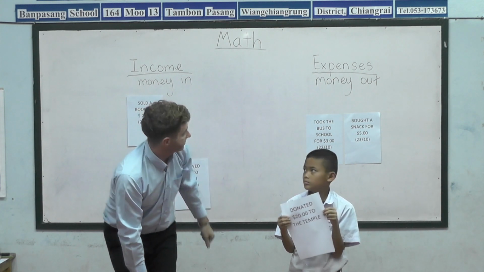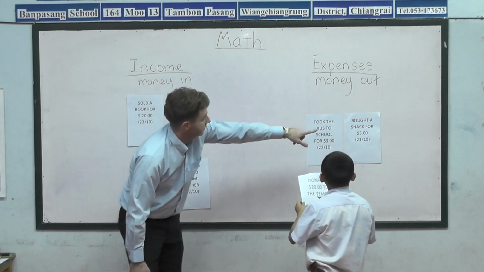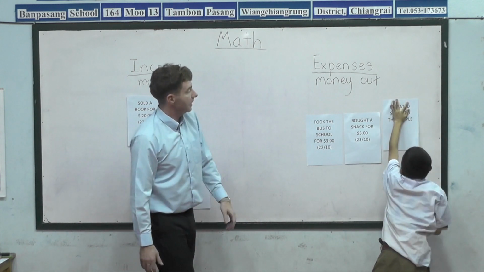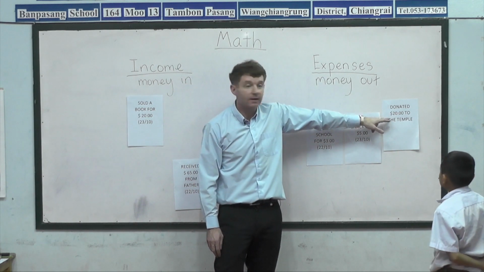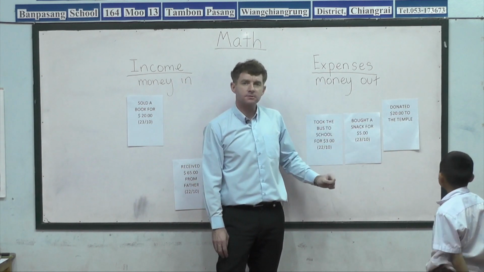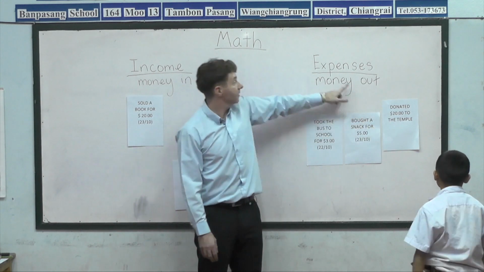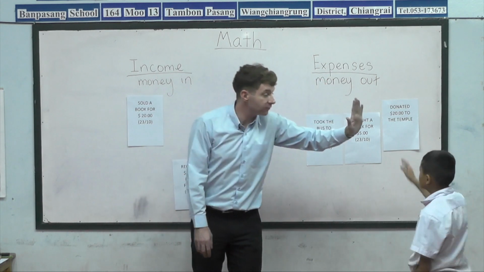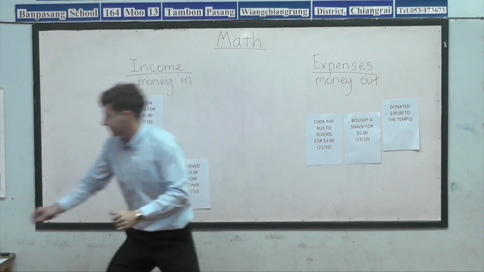Expenses. Perfect. So can we stick it on our expenses column too? Any way you like. Very good, that will do. And let's practice reading one more time. Donated $20 to the temple. Expenses. Excellent. Well done, Chew. Very good. Round of applause. One more.